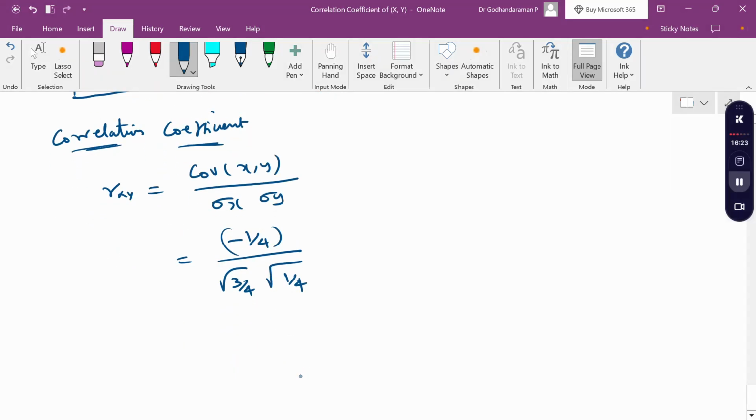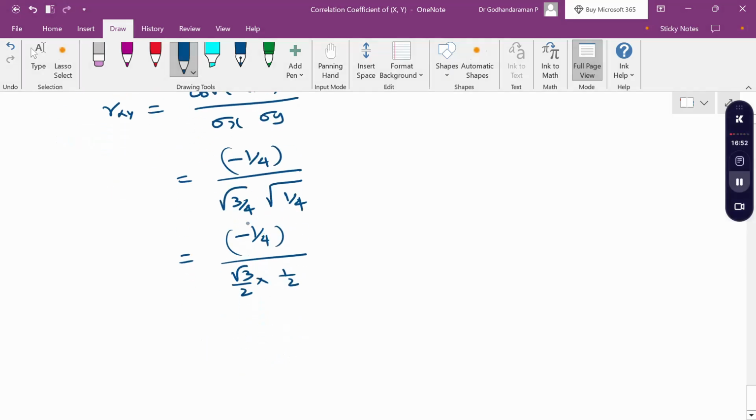So minus 1 by 4 divided by the square root of 3 by 4 into 1 by 4. Now taking 4 common in the denominator, this is minus 1 by 4 divided by root 3 by 2 into 1 by 2.